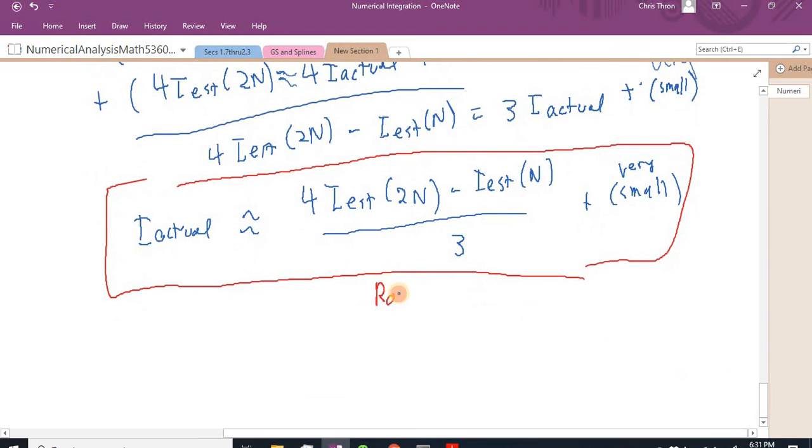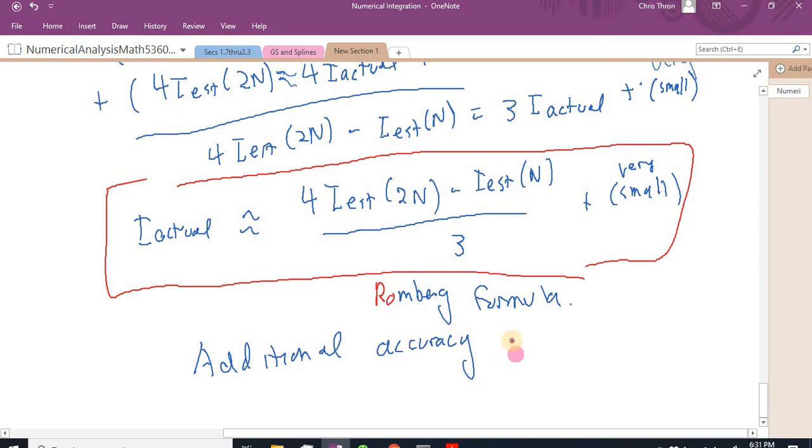So this is Romberg integration. And the thing that's wonderful about this is that you get additional accuracy basically for free. Why do I say for free?